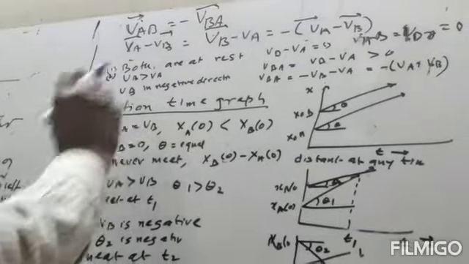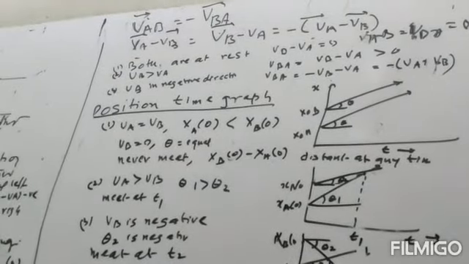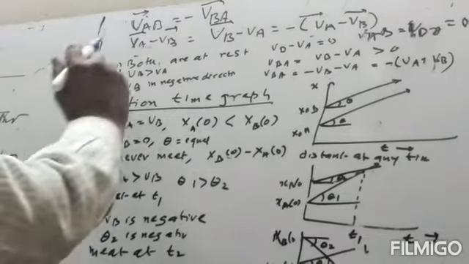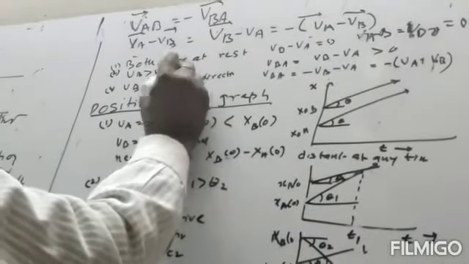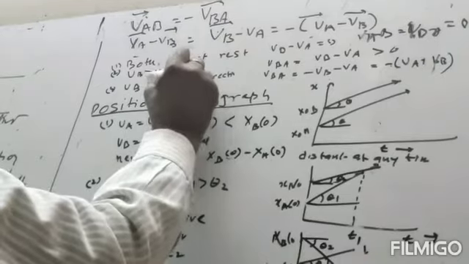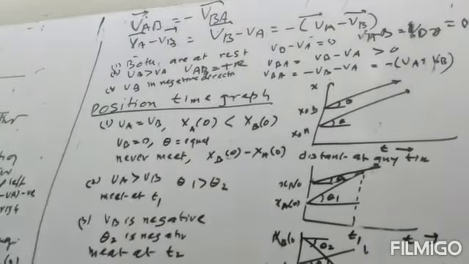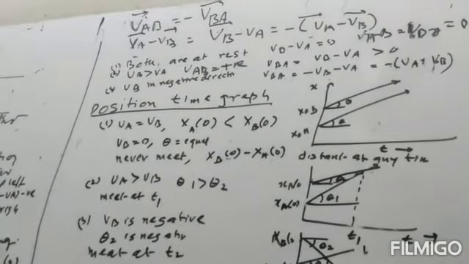Now, if VB is greater than VA, then VAB is positive and VBA will be negative.